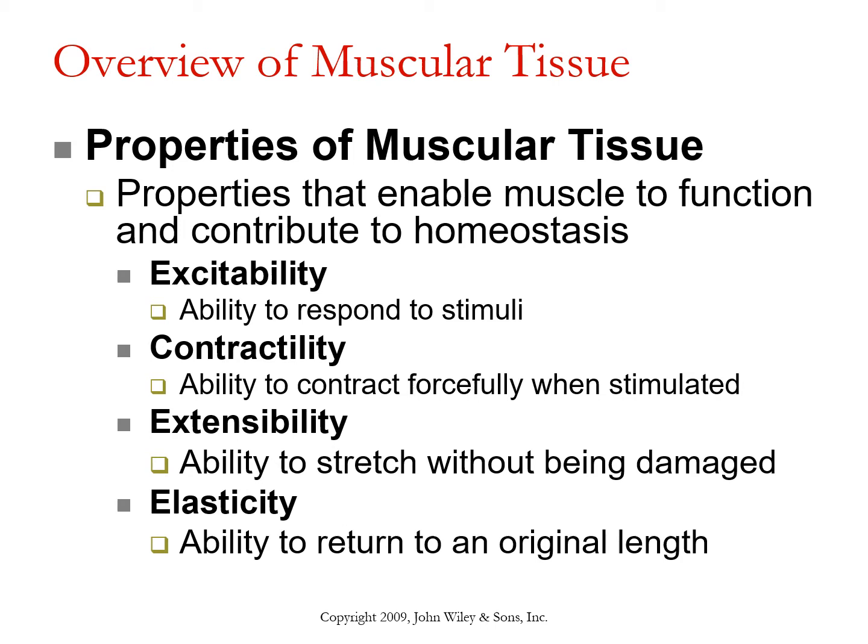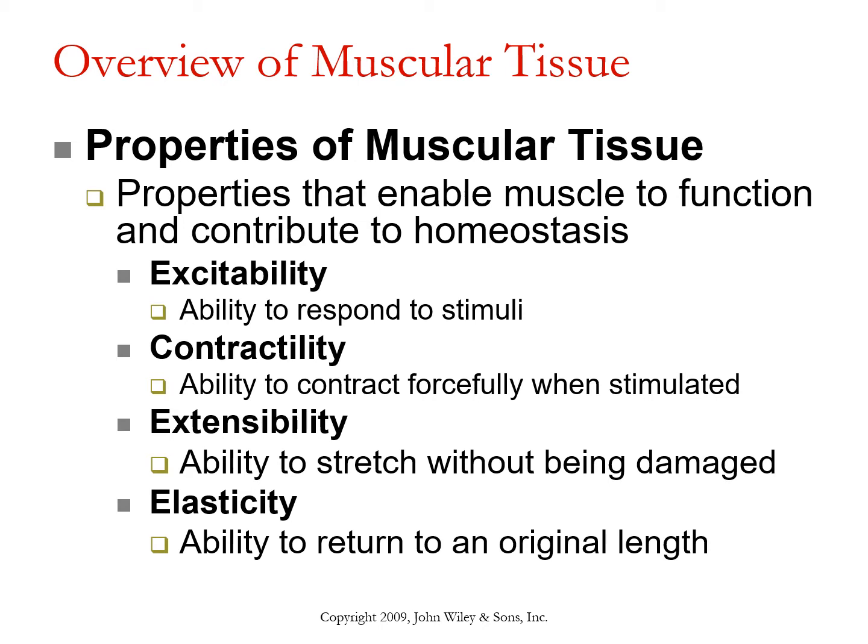Secondly, we have contractility. This is the ability of the tissue to contract forcefully when stimulated by those electrical impulses. And contractility is the ability to generate force, a pulling force when stimulated. Note that contractility may or may not create movement.